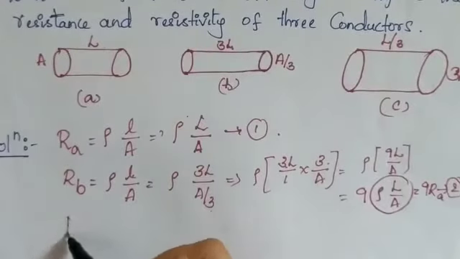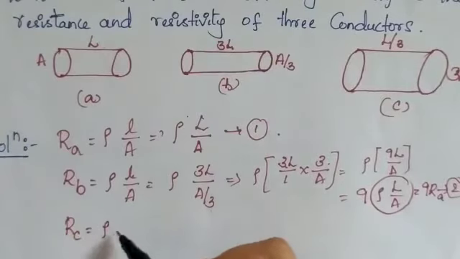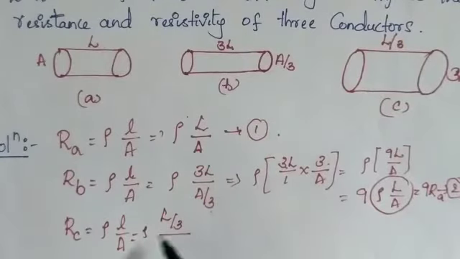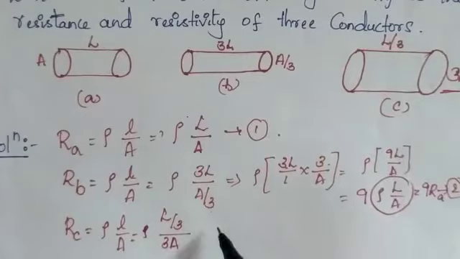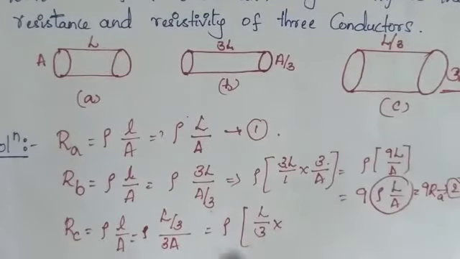Now let me take the resistor in the case of the third one, that is rho L by A. L is L divided by 3, and the area given is 3A. So rho L divided by 3 into 3A means 1 divided by 3A.